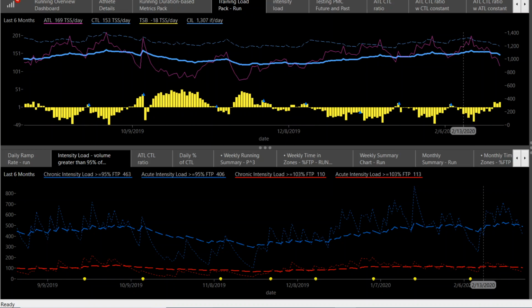The topic of this part is that you should be aware that chronic training load is composed of these daily units of TSS, training stress score, and the similar model utilized in Power Center uses the daily units of RSS. How many RSS your score was for a given run or runs on a particular day.